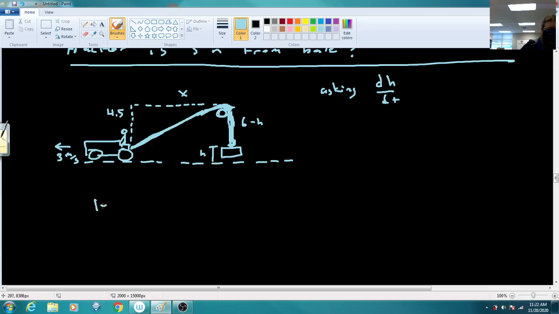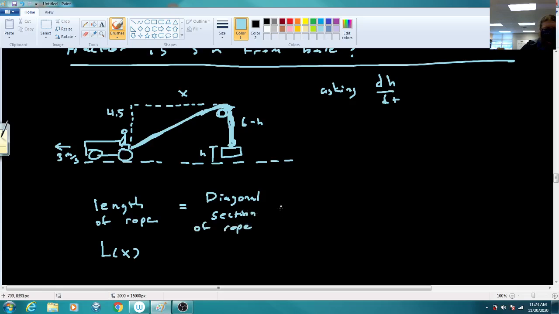So I'm going to say length of rope, I'll call that L of x. That's going to equal the diagonal section of rope, and we're going to add to it the vertical section of rope.